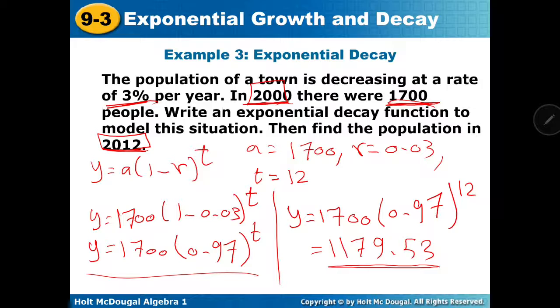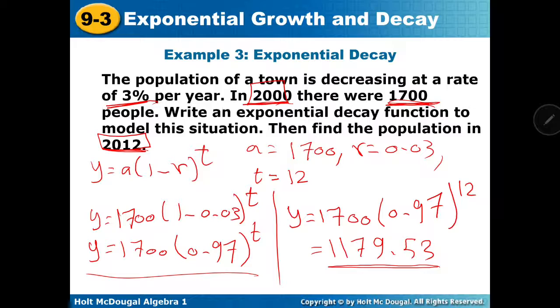That's because I multiplied it by a fraction. What is the fraction? The 0.97 is a fraction in the form of a decimal. So when I multiply by a decimal or a fraction, the quantity will be reduced.